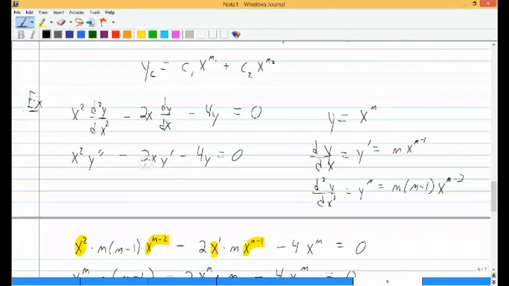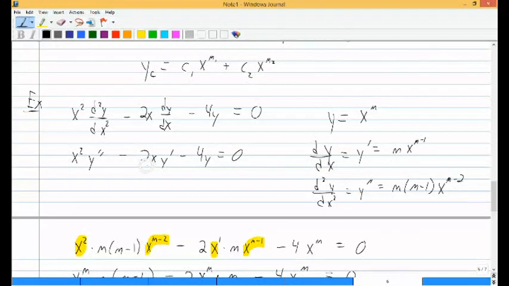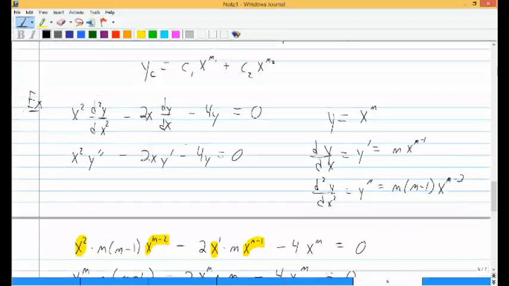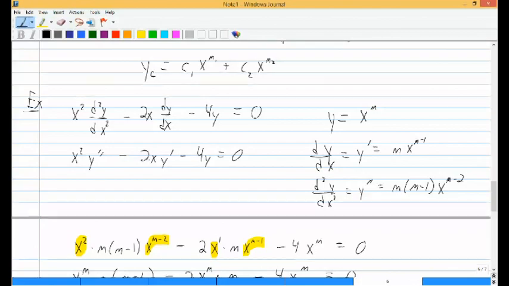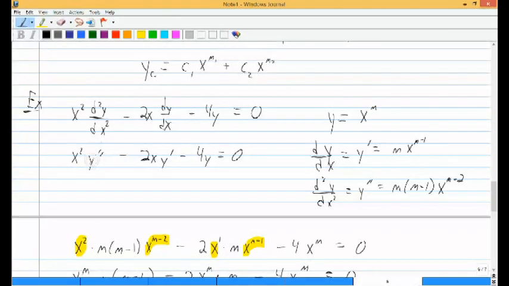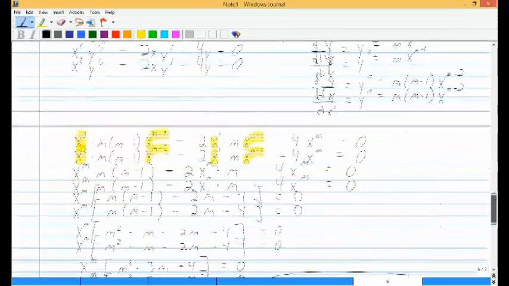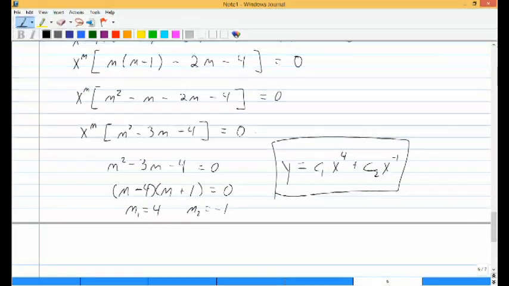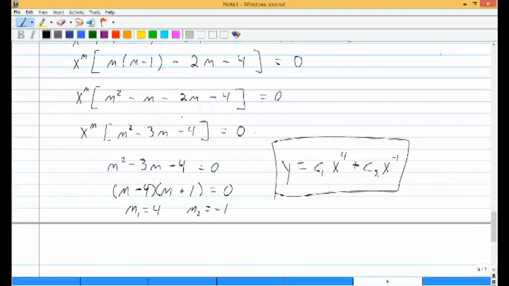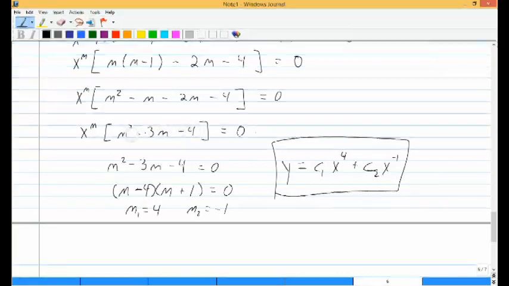That x messes everything up. So I would want it to be like minus 2y prime, then I'd have minus 2m. Well, when we have x times our differential equations, we're able to work it out using x to the m in a way so that when we factor that x to the m out, we're going to get an auxiliary equation. It doesn't exactly match up with the original differential equation.